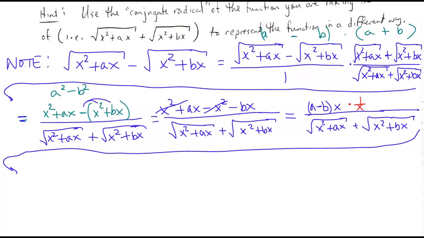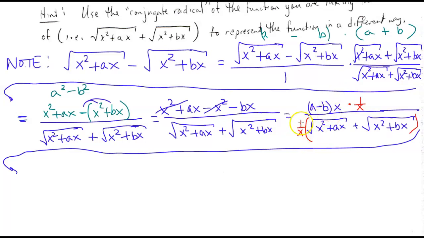Well, if I did that, then of course I could do the same thing in the denominator, right? So I could come here, and I'm just going to write this in like this. I could say 1 over x like that as well, okay? Now, if I did that, that would be great because in the numerator, I would just have a minus b, which is exactly what I want.